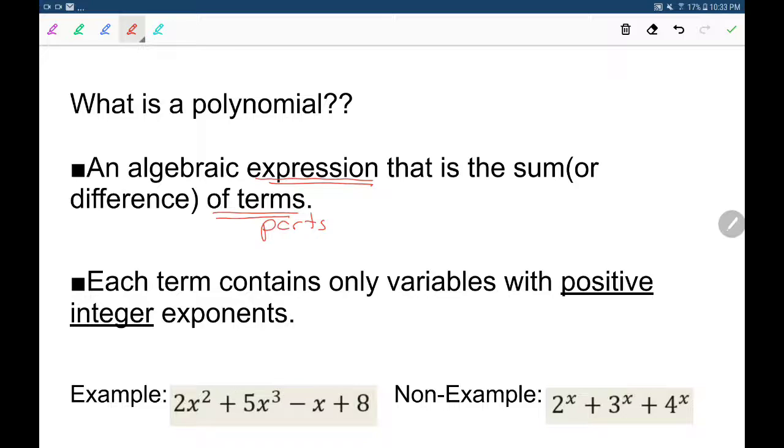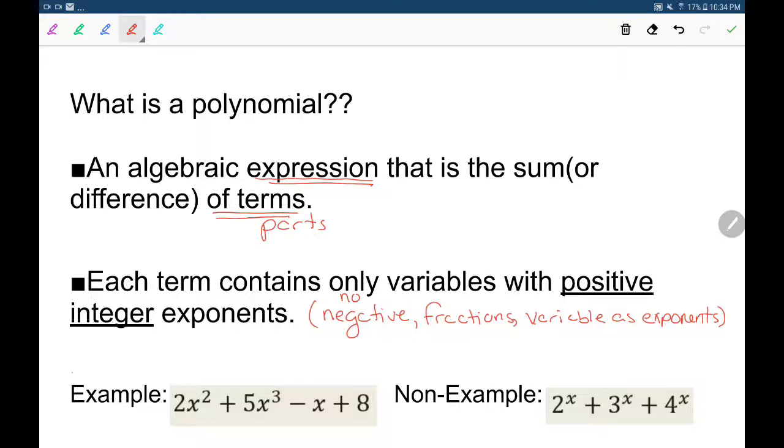So the exponents or the powers can only be positive integers. So we're not going to have any negative exponents. Okay, no negative exponents, no fractions, no variables, so we can't have letters as the exponents. Okay, they can only be positive integers that we see above our variables.